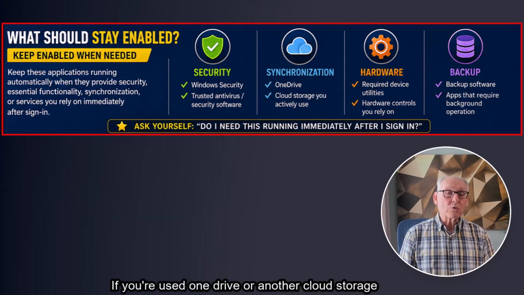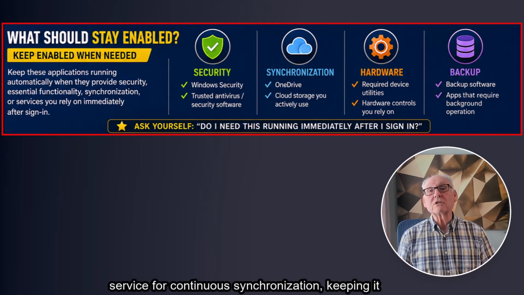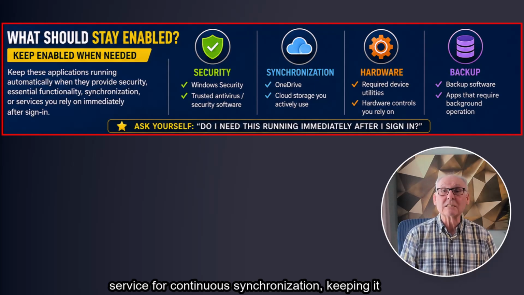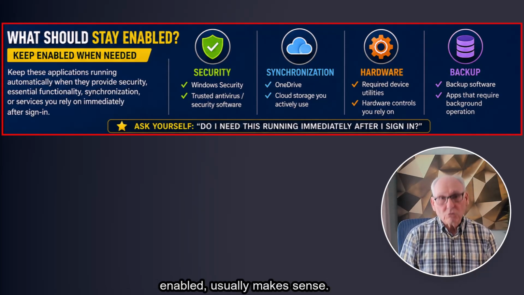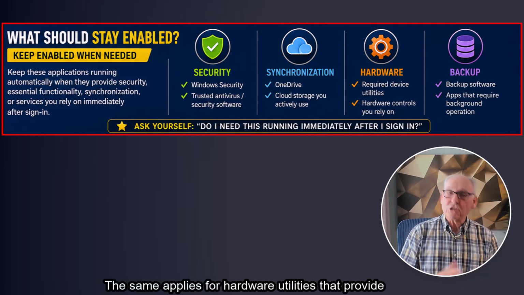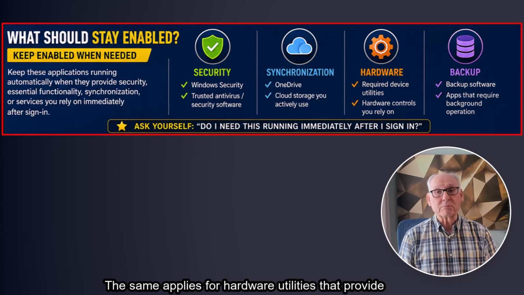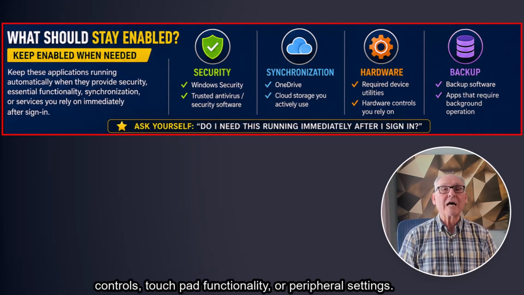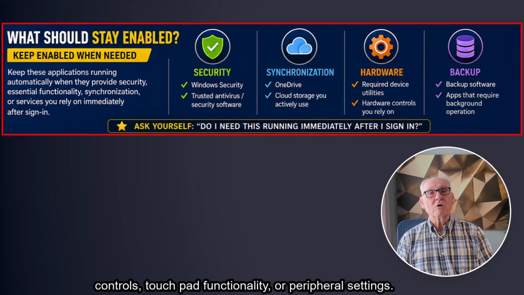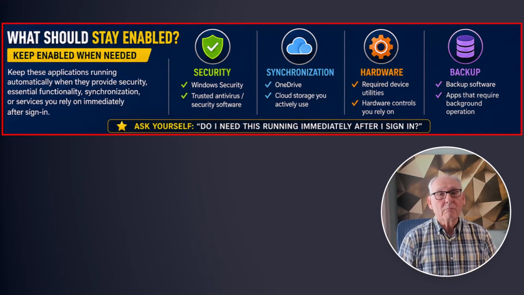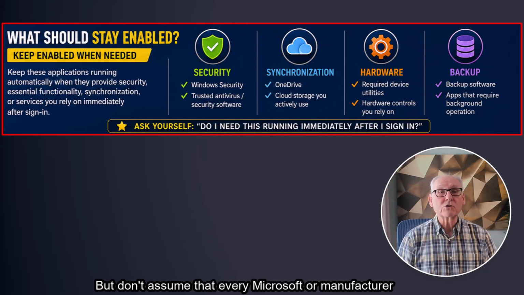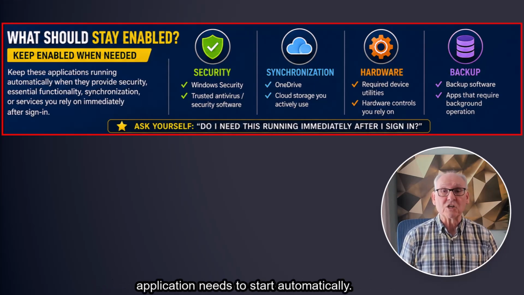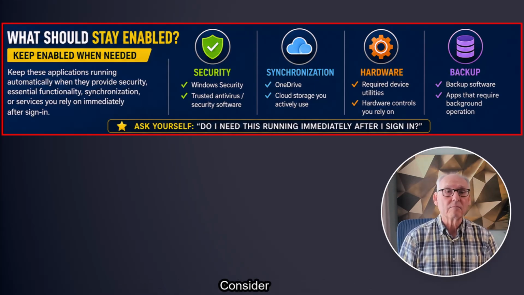If you use OneDrive or another cloud storage service for continuous synchronization, keeping it enabled usually makes sense. The same applies for hardware utilities that provide features you rely on, such as special keyboard controls, touchpad functionality, or peripheral settings. But don't assume that every Microsoft or manufacturer application needs to start automatically.